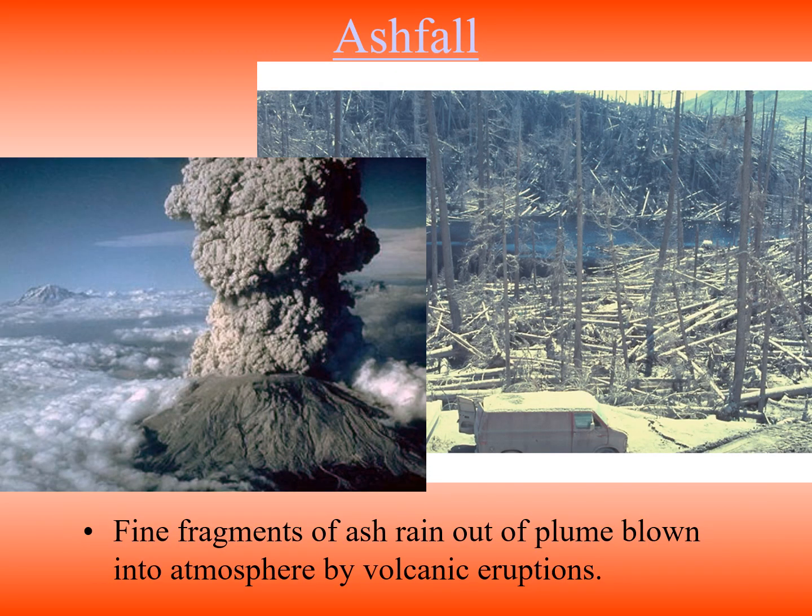Then you have fine fragments of ash raining out of a big eruption plume. And when that settles, we call that ash fall. And that stuff can fall all over structures, cities, towns, forests, anything like that. And it can choke out vegetation. It can gum up machinery, engines, things like that, by suffocating them, or in the case of planes, like that Iceland eruption back in 2010.